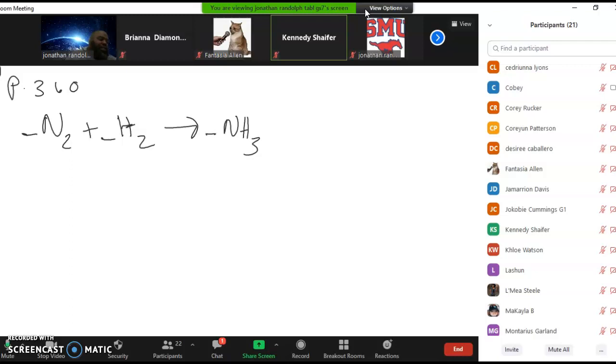Both of these guys are diatomic. You've got 3 here, 2 here. Place a 2 right here to balance out. That makes your N2. Those are now balanced. You've got H3, that becomes 6. So in other words, for every single mole of N2, you produce 2 moles of NH3.